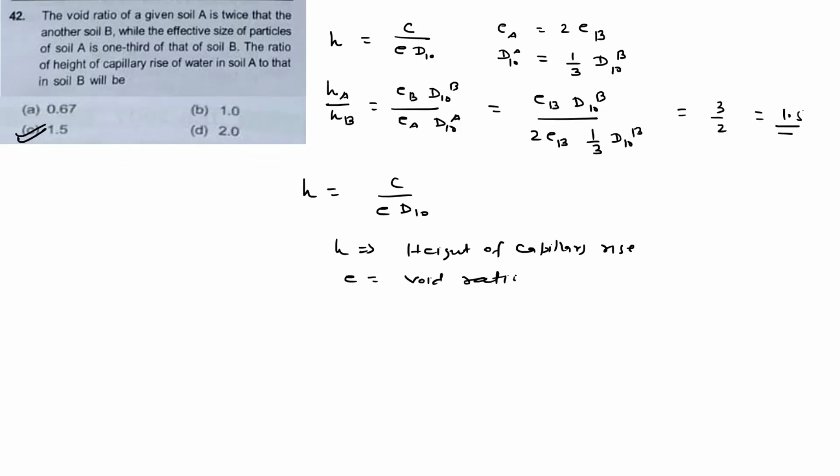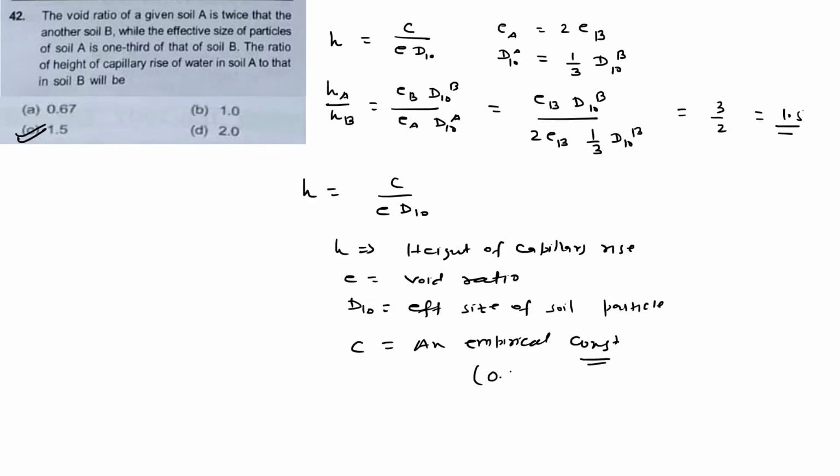D10 is effective size of soil particle. And C is an empirical constant. It will lie from 0.1 to 0.5 centimeters square. Okay. So this is option number C is the correct answer.